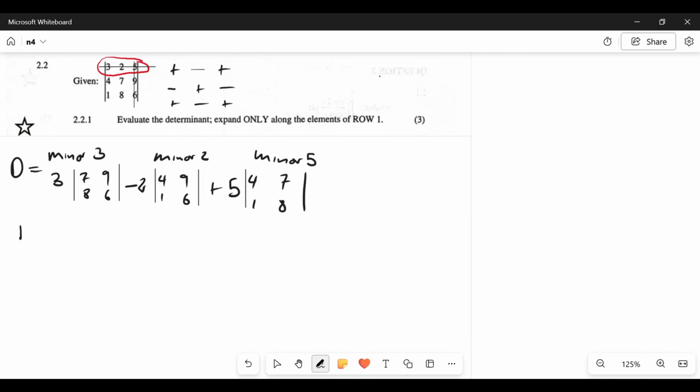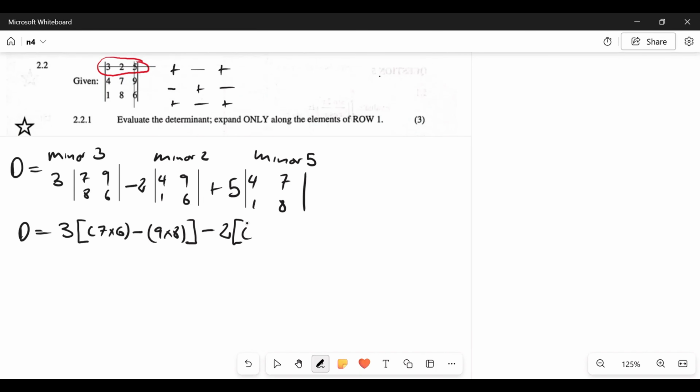All right, so the next step from here, we're going to continue like this. We have this 3, so it's going to be multiplied by the following. We multiply the first entry, which is 7, by 6, minus the second entry multiplied by the third entry, which is 9 multiplied by 8, and then we close the bracket there. Minus 2, and then we open the bracket again.